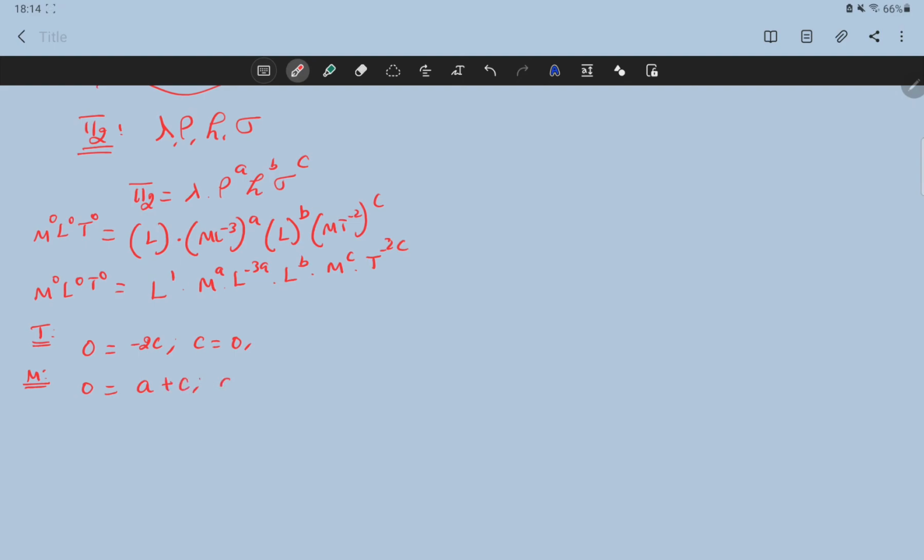So a equals 0. So let us do it for L. L0 equals 1 plus b minus 3a, that is 1 minus 3a plus b. A is 0, yes, we already know. So b should equal minus 1.